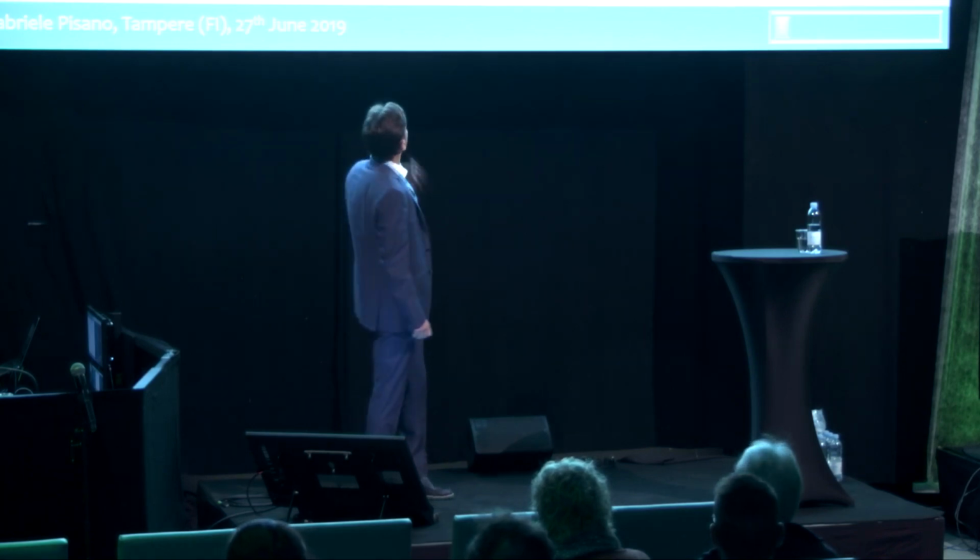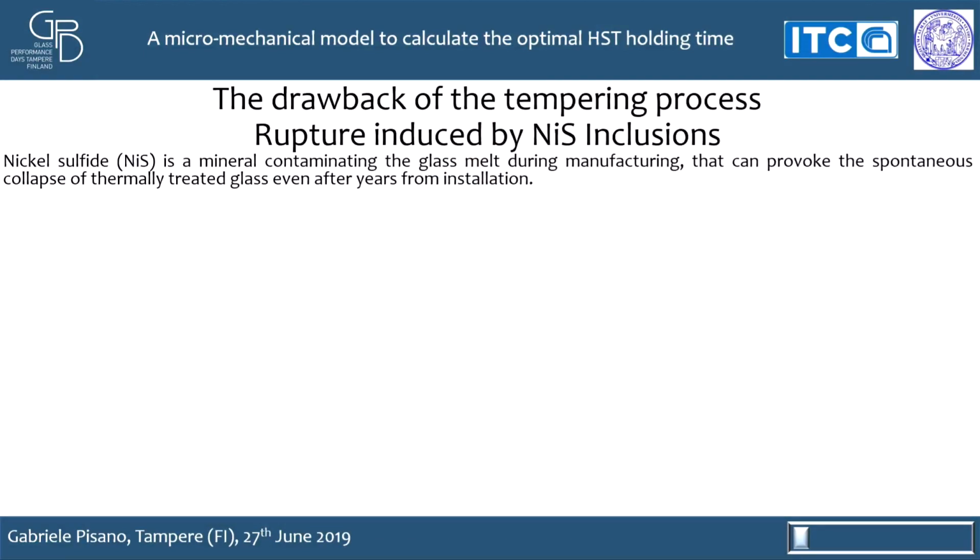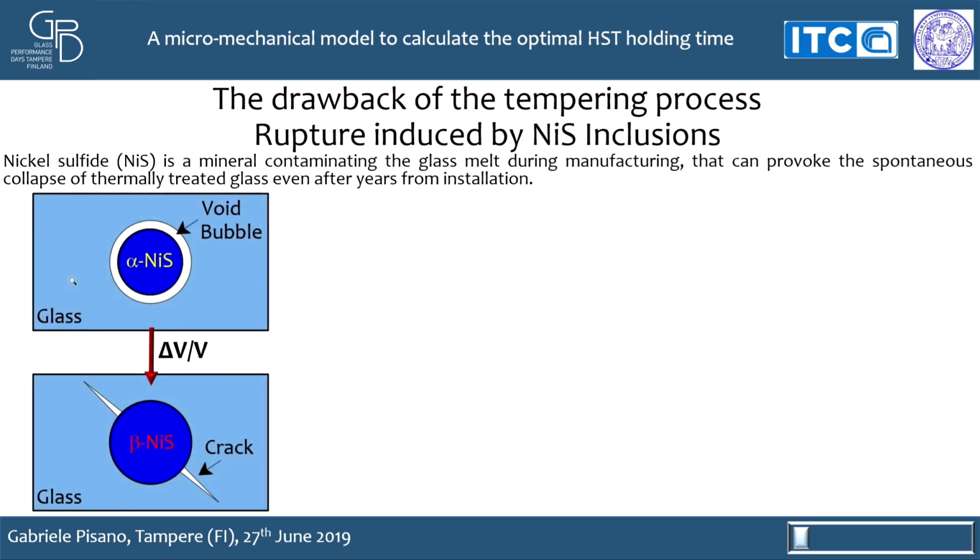But the main drawback of the tempering process is the probability of failure because of nickel sulfide inclusions. Nickel sulfide is a mineral contaminating the glass melt during manufacturing. It has two phases of relevance: alpha, which is stable at 379 degrees, and beta, which is stable at room temperature.